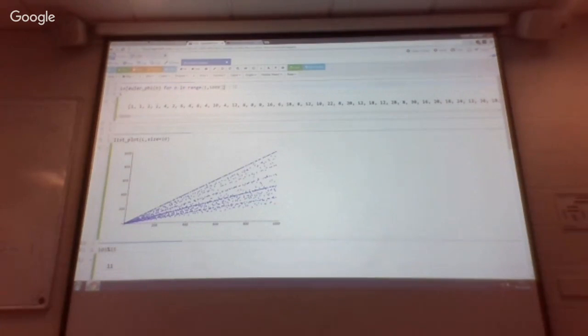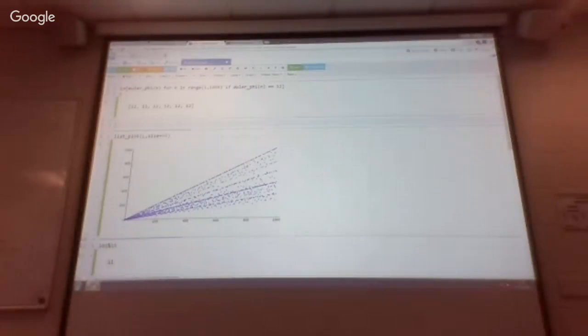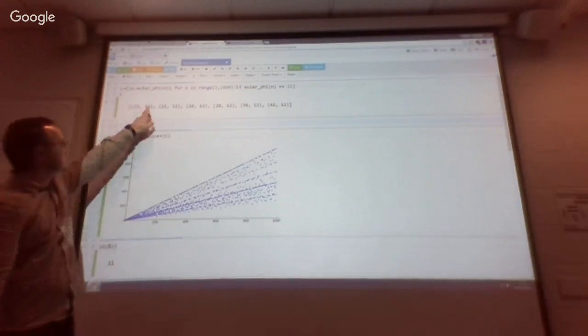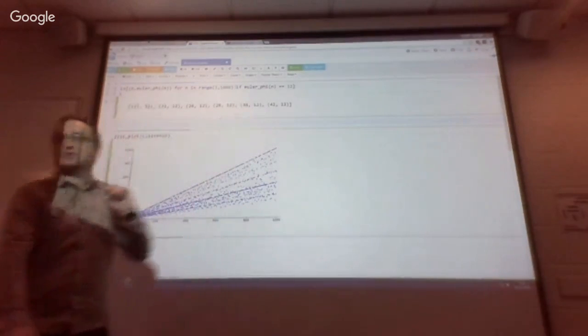So let me write: for n in the range 1 to 1000 if Euler phi of n equals 12, give the tuple of the n values. Okay, so the solutions that we can find computationally are 13, 21, 26, 28, 36, and 42.